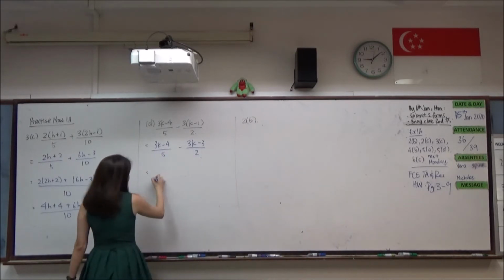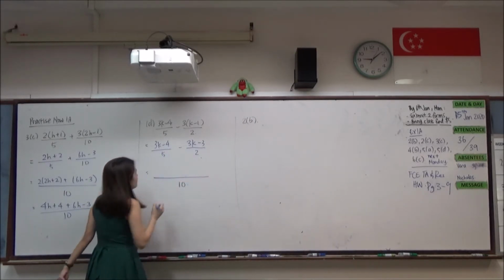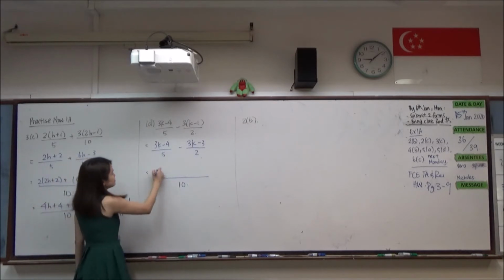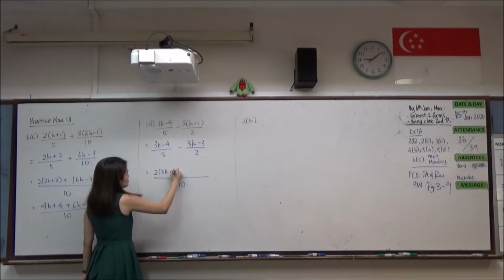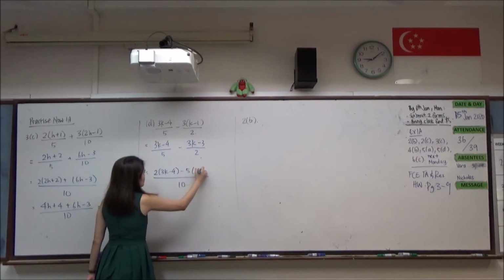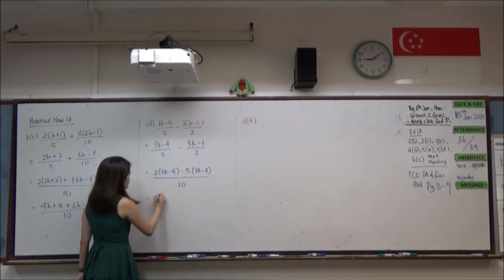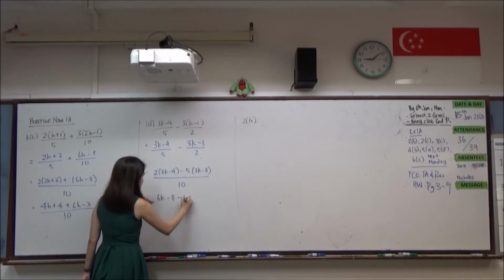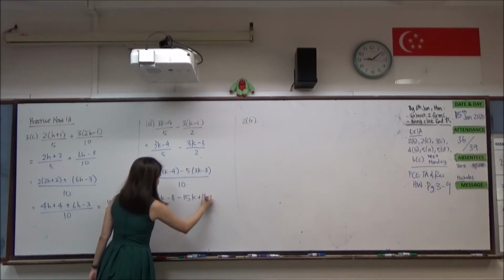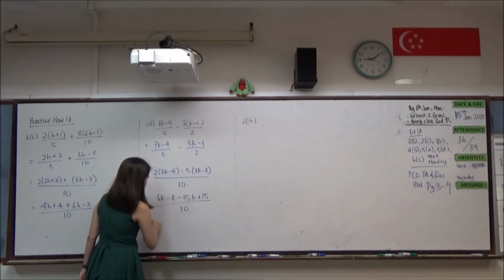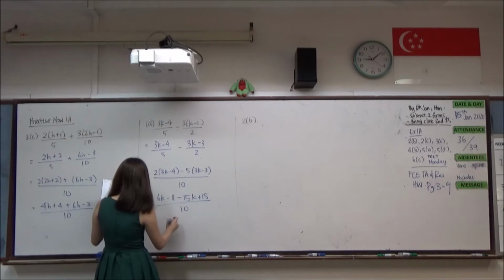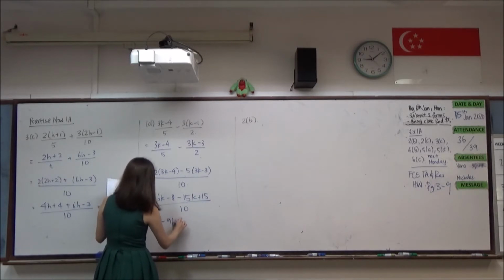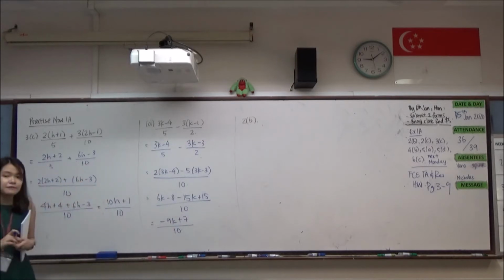Then after that, denominator likewise we will seek for 10. And then we will get negative 9k plus 7 over 10.